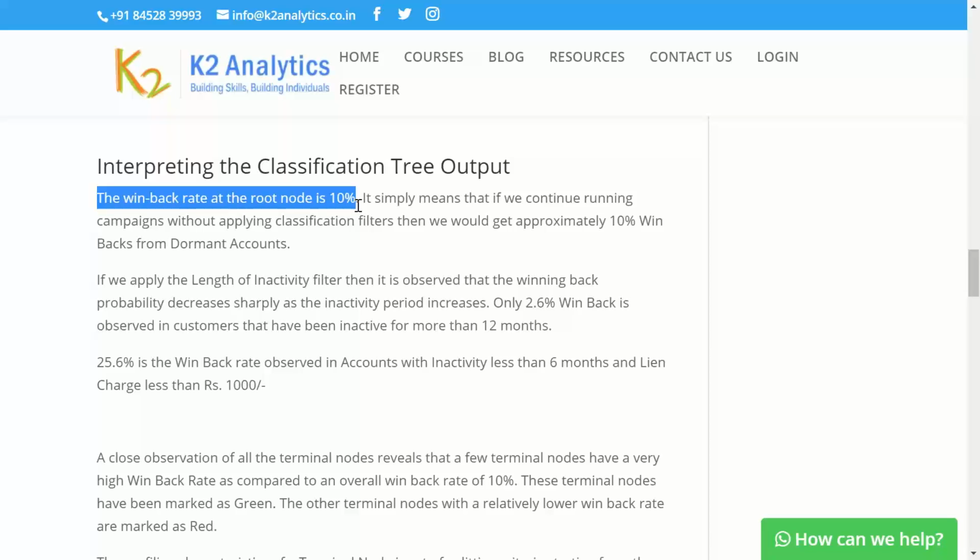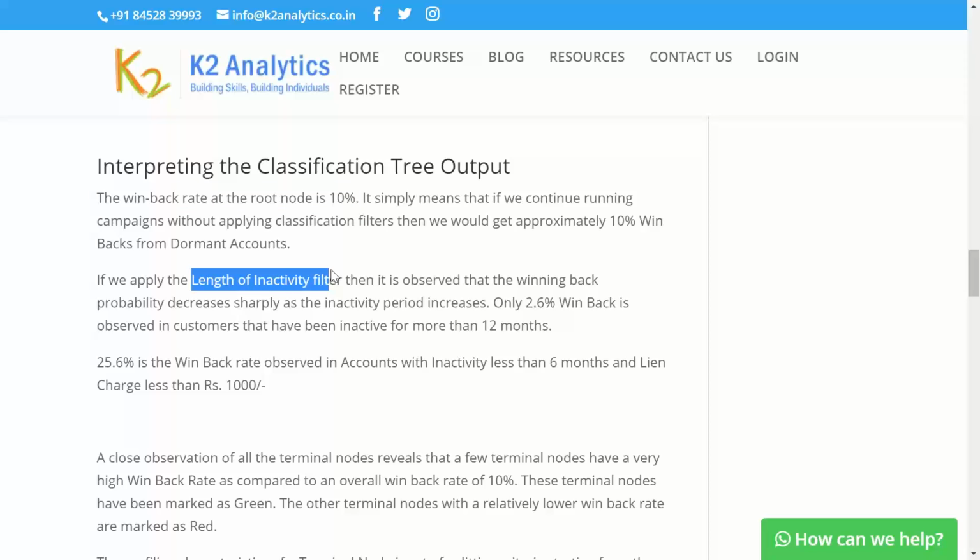If I simply apply one filter, that the length of inactivity is greater than 12 months, I know in that segment 2.6% is the win back rate. I feel that at 2.6% conversion, I may not be profitable.